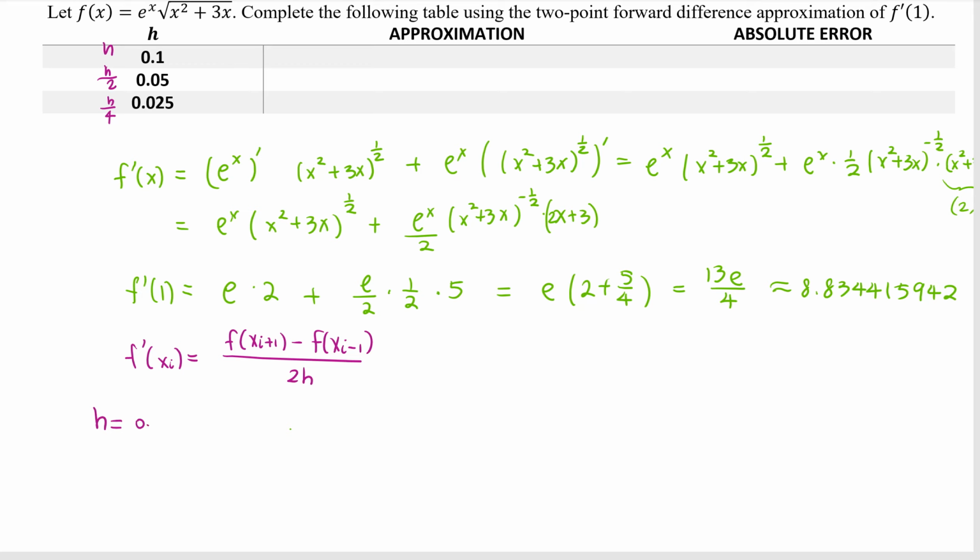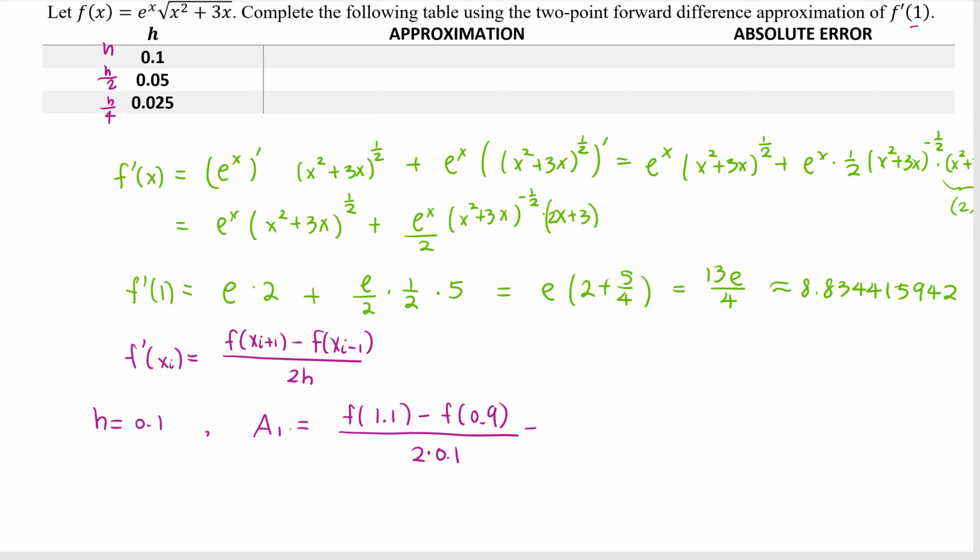When h equals 0.1, we call this guy A1. A1 is f of, we're looking at the point 1, right? So this is 1 plus the step size, so it's 1.1, minus f of 1 minus 0.1, which is 0.9, over 2 times 0.1. So far, so good, everybody?